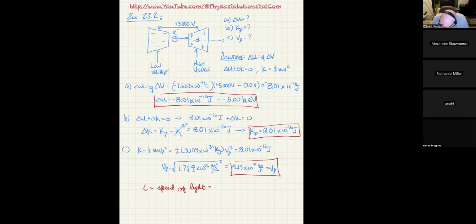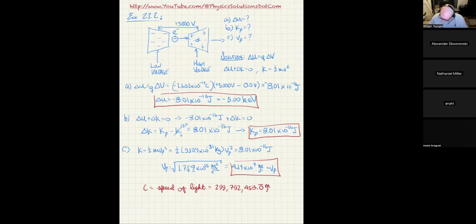Now, you'll notice the speed of light is basically 299,792,458 meters per second. And that's technically to an infinite number of decimal places.